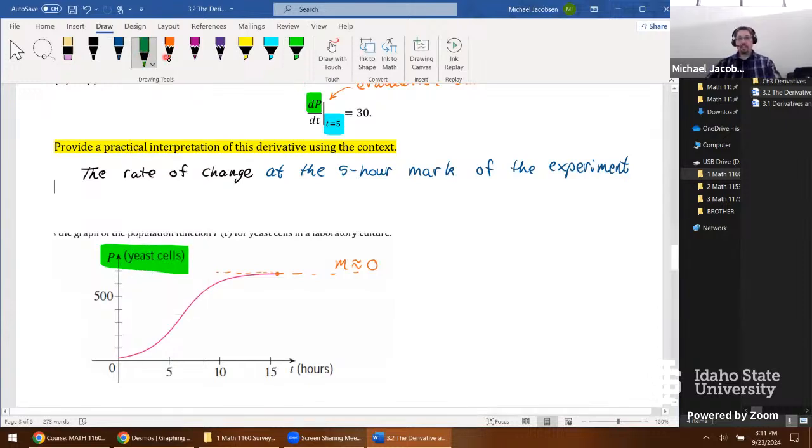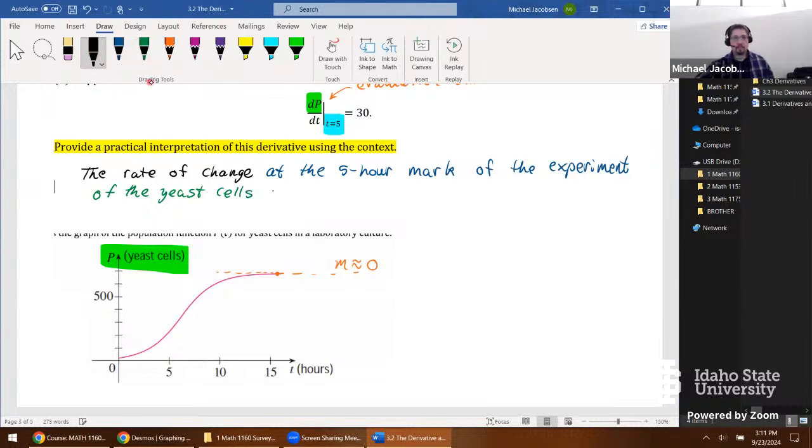So now we'll say the rate of change, 5 hours into the experiment, they've been growing for 5 hours in the Petri dish, of the yeast cells is, well, it says here 30, but that would be 30 cells per, or a division bar, up to you, hour. So the speed at which the population is increasing at the 5-hour mark was 30 cells per hour, is what this is all saying.